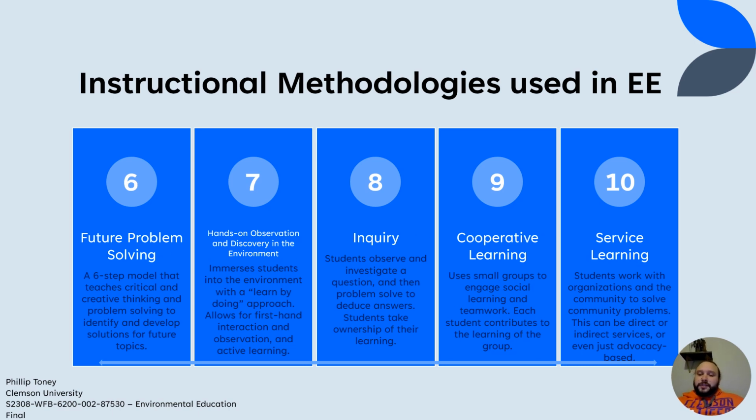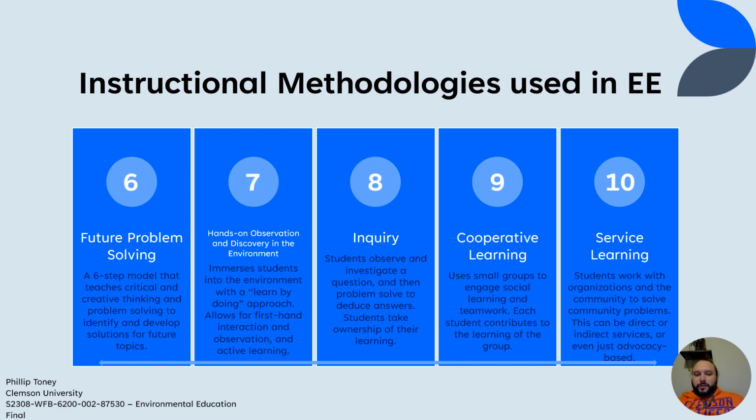A sixth one is future problem solving. This is similar to the one that we saw a little bit ago, except in this 6-step model, you're problem solving for future topics. So things that aren't necessarily problems yet, but that we can identify as most likely being future problems. Hands-on observation and discovery in the environment.